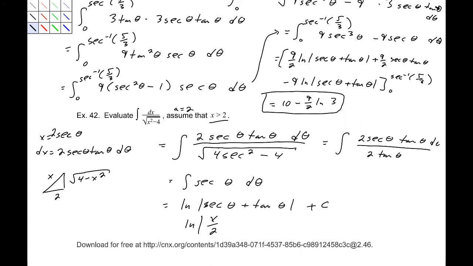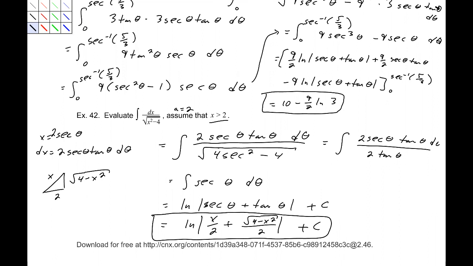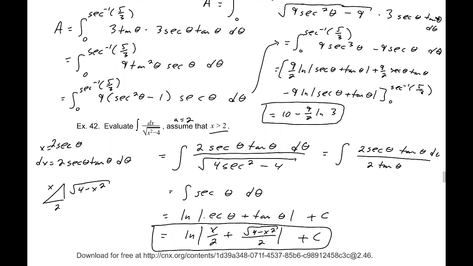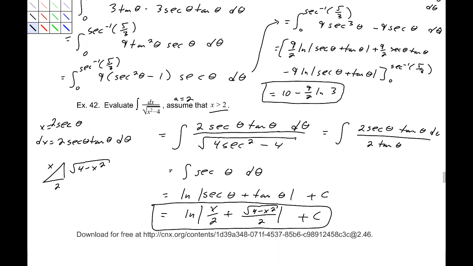So the absolute value of that plus, now tangent is opposite over adjacent, so this is the square root of x squared minus 4 over 2, absolute value plus c. Okay, that is the end of that question.